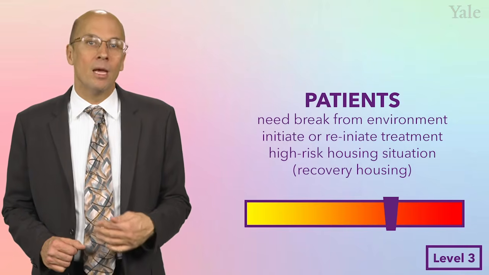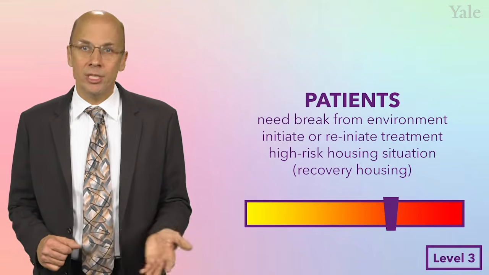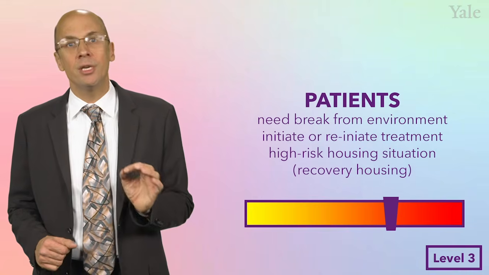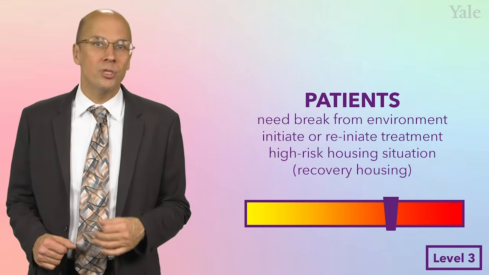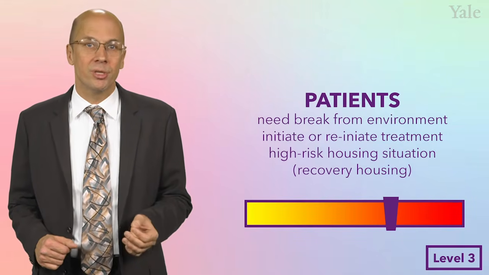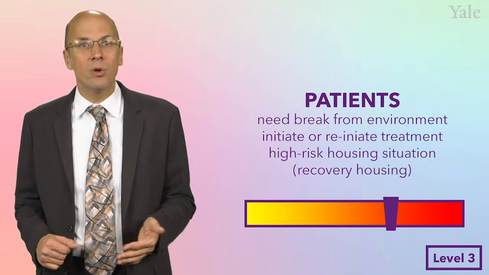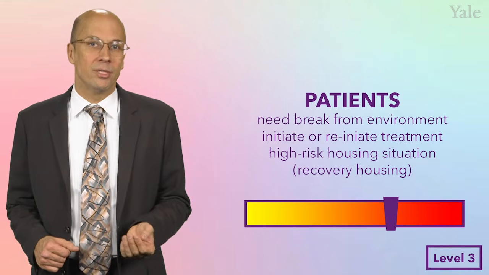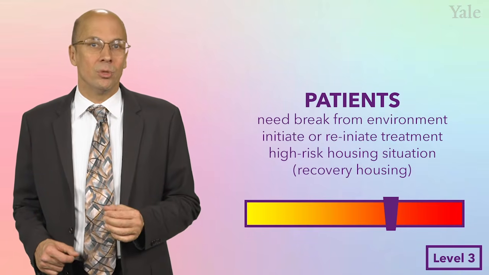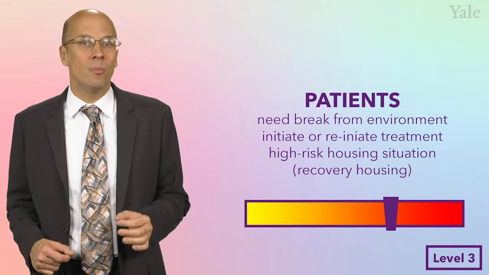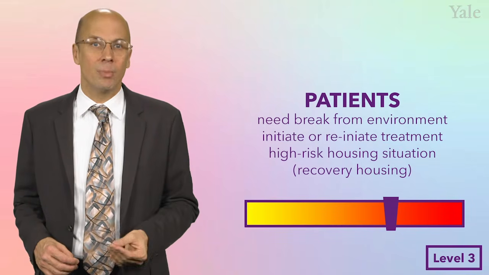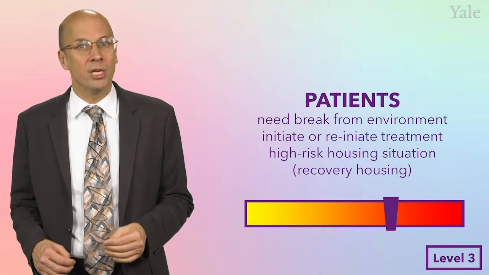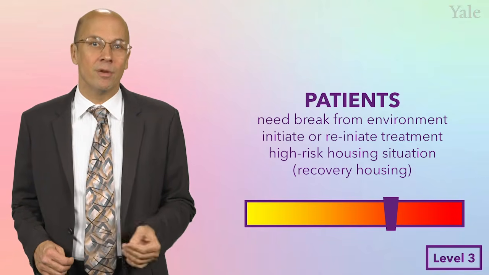For example, someone who has been drinking daily for 20 years and has difficulty achieving a period of abstinence in their usual environment, or a person who does not have strong social supports and is without an environment supportive of abstinence. For this individual, several weeks away from home might be necessary to receive the proper support and develop an aftercare plan that will effectively initiate a period of sustained recovery.